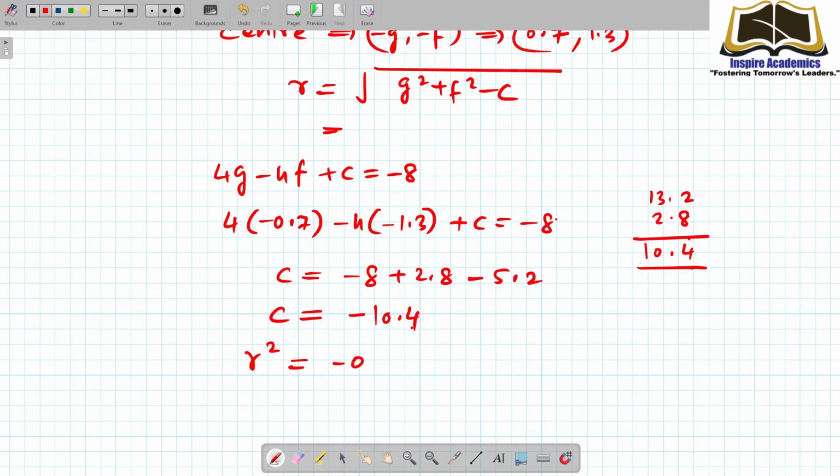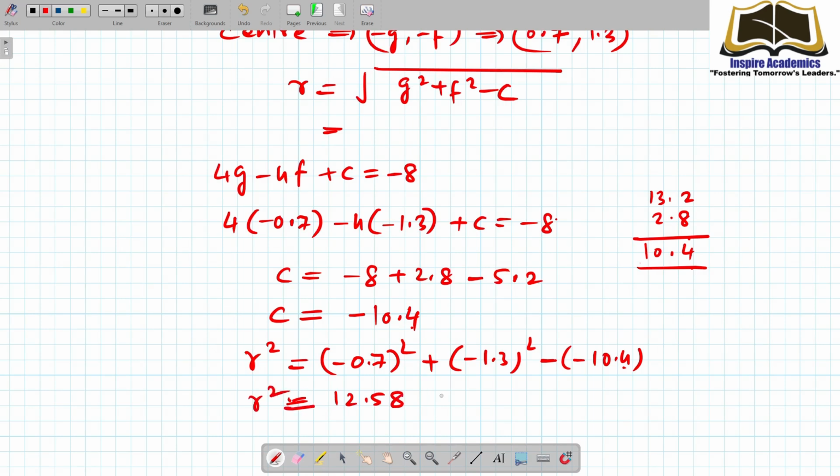So negative 0.7 whole square plus negative 1.3 whole square, and then minus c means plus 10.4. So we shall get 12.58. So this is r square.